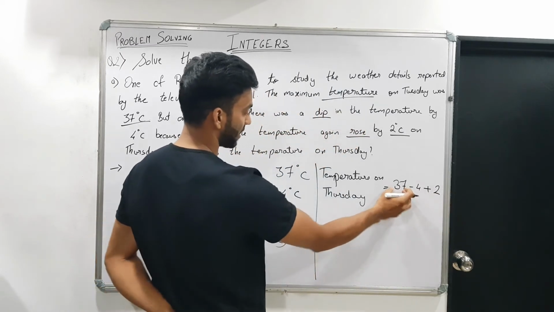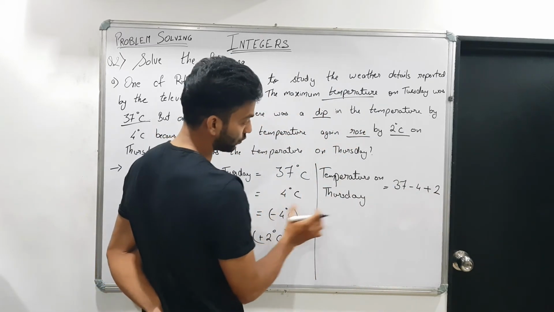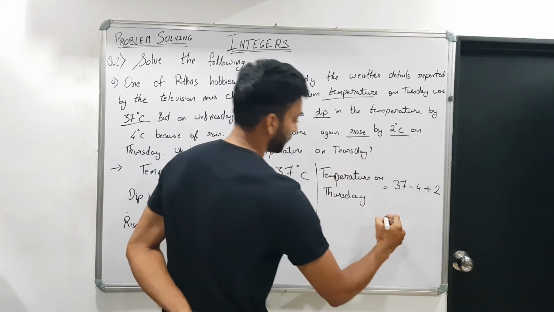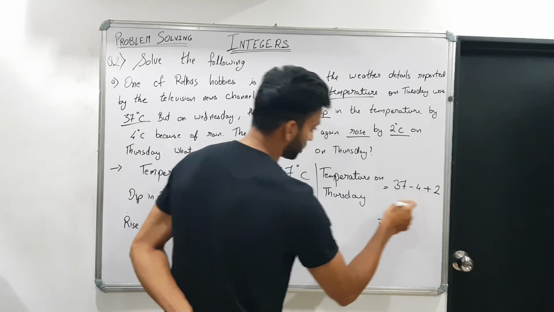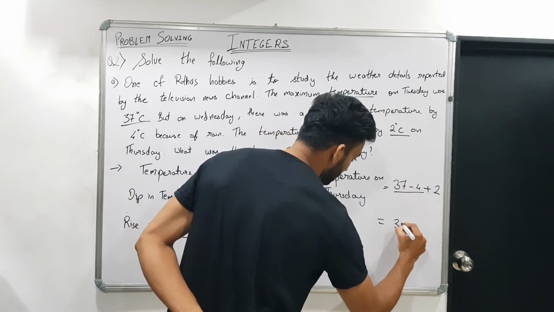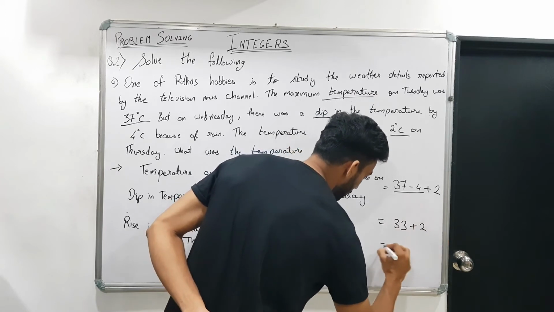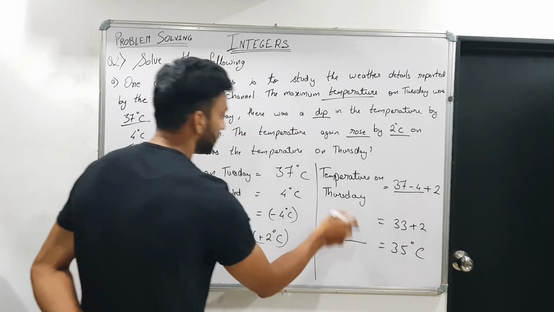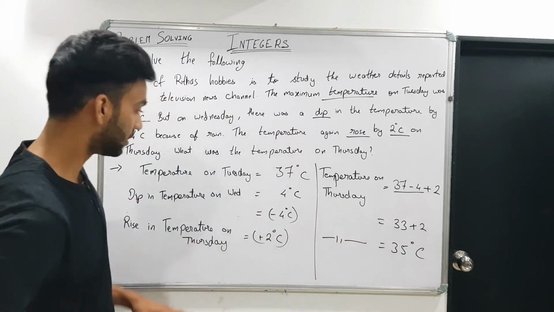This was the starting temperature that is given. After that 4 degrees it has gone down and then it has rose by 2. So that is the actual operation we have to do. 37 minus 4 that is 33 plus 2, so that is 35 degrees Celsius. That is the final temperature on Thursday.